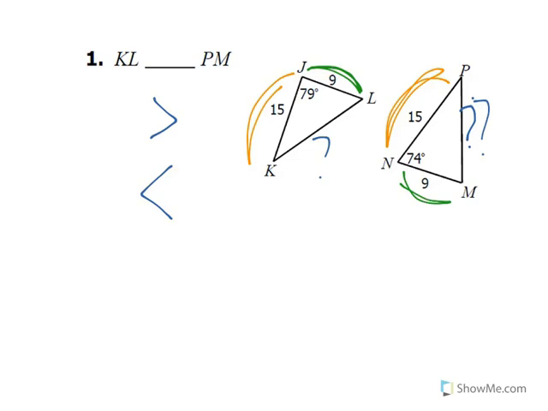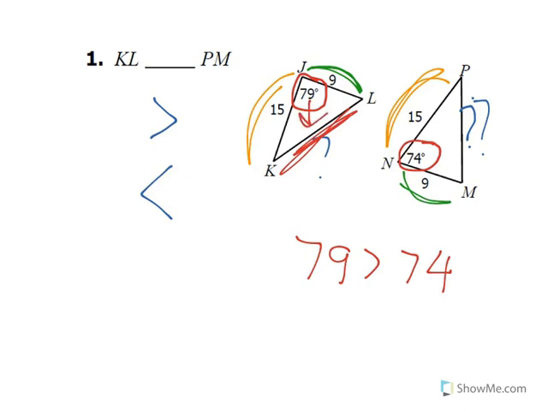So we want to look at the angle that's in the middle of the two sides that we know. So the angles we're looking at are 79 and 74. So since 79 is bigger than 74, this side's going to be bigger. The one that's in that triangle, the one that's across from the bigger angle. So KL is bigger than PM.